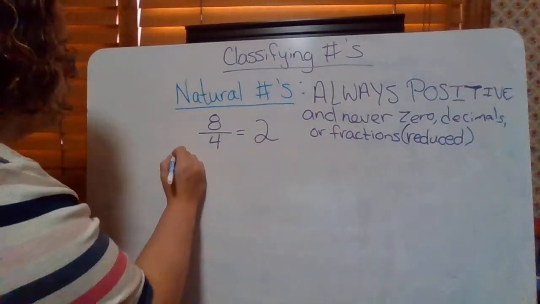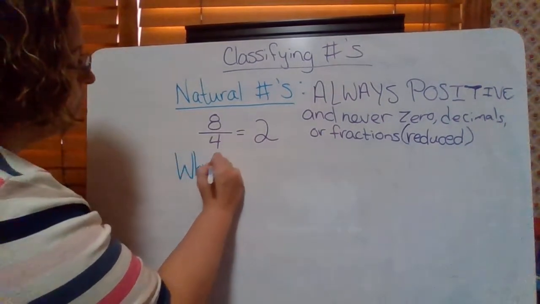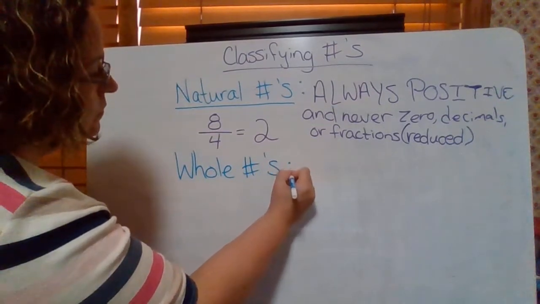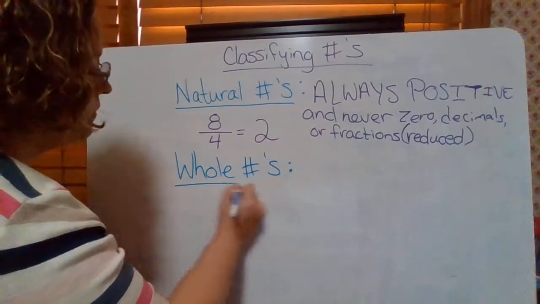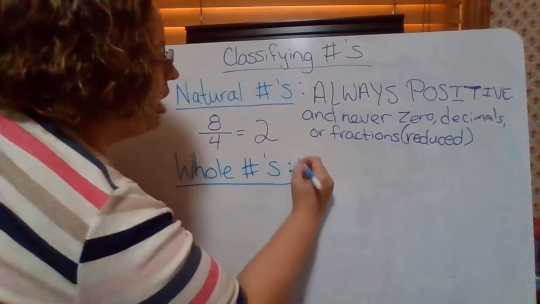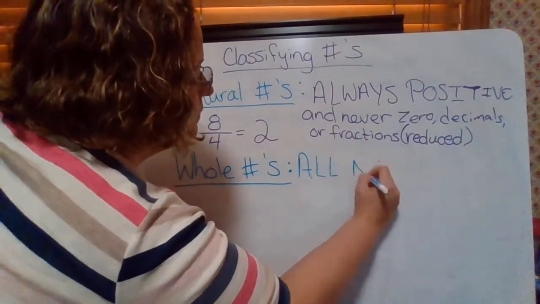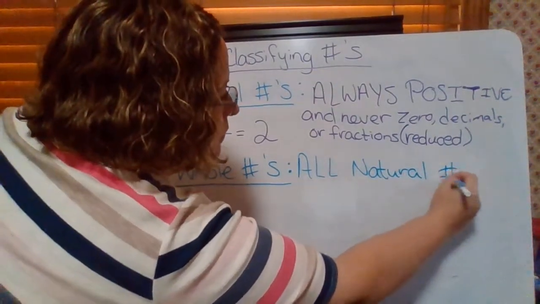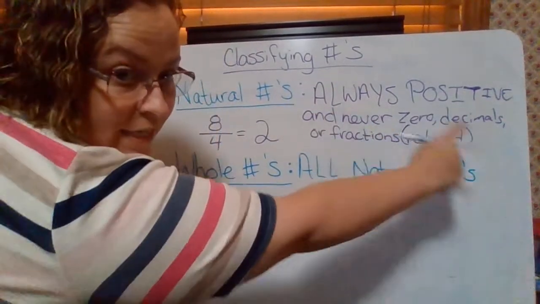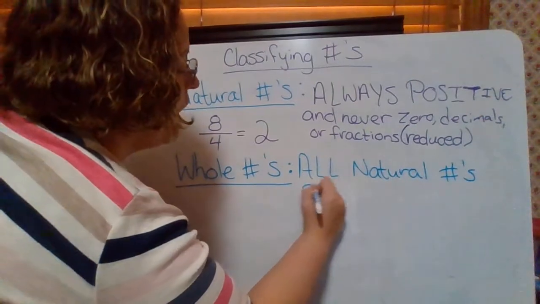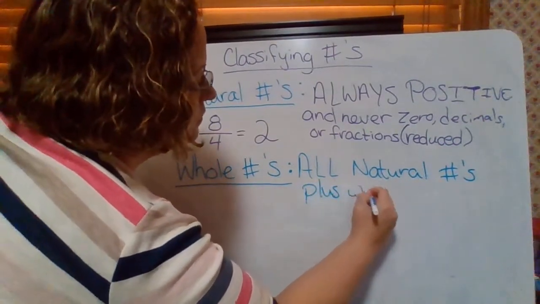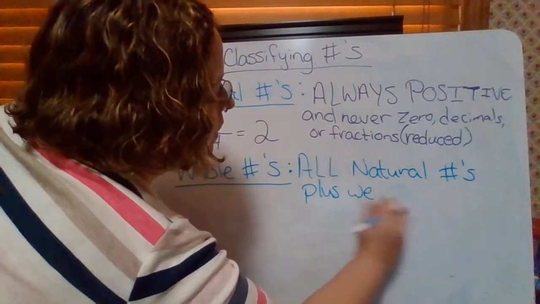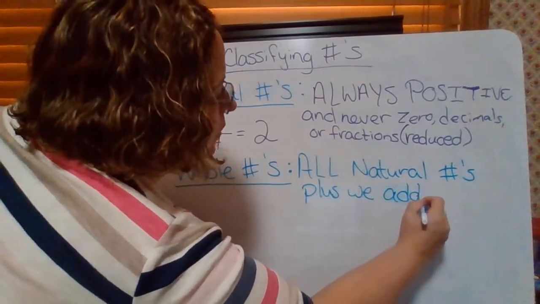The next group we're going to look at are whole numbers. These are all natural numbers, which means they're always positive, plus we add the number 0.